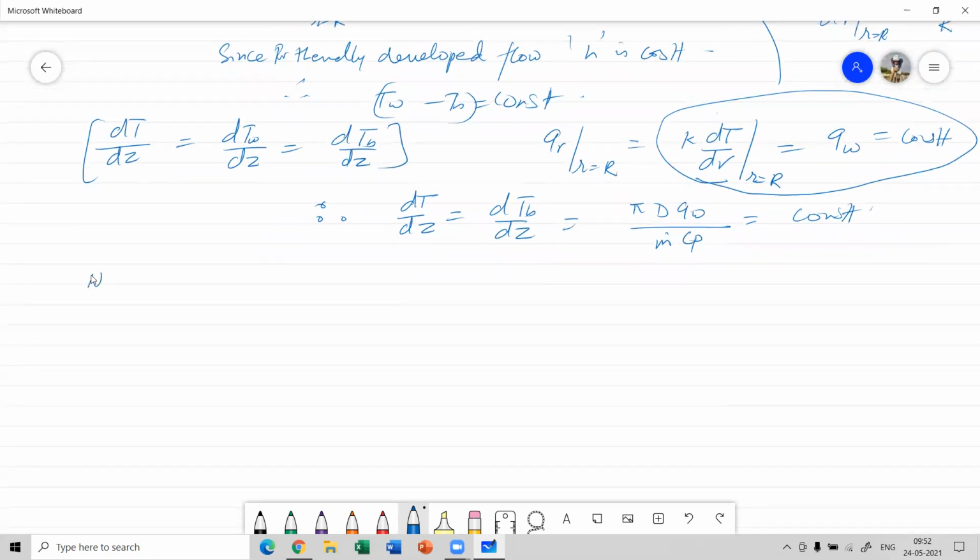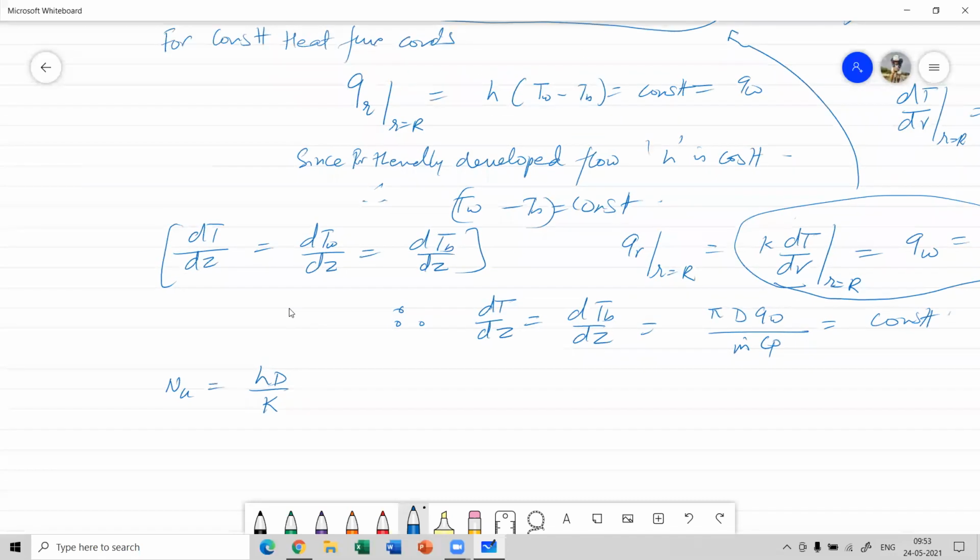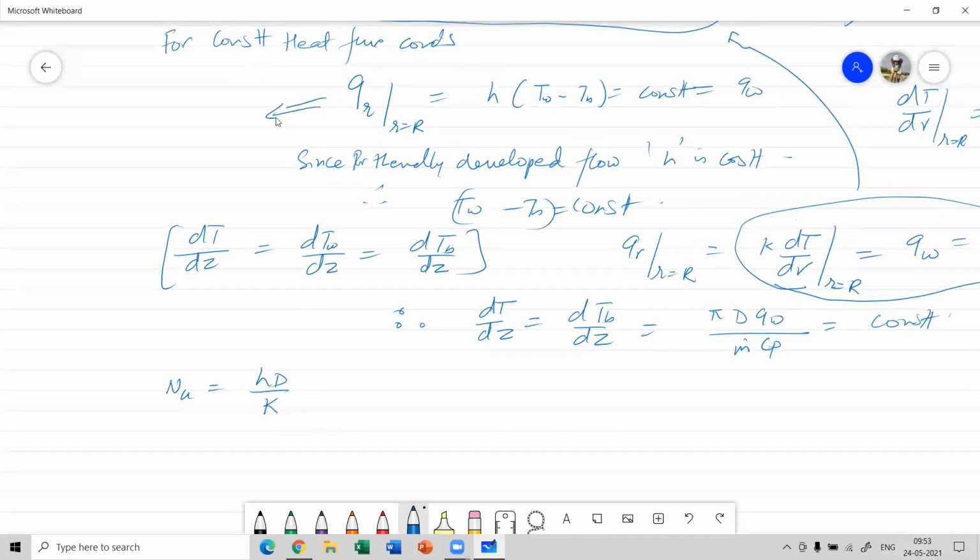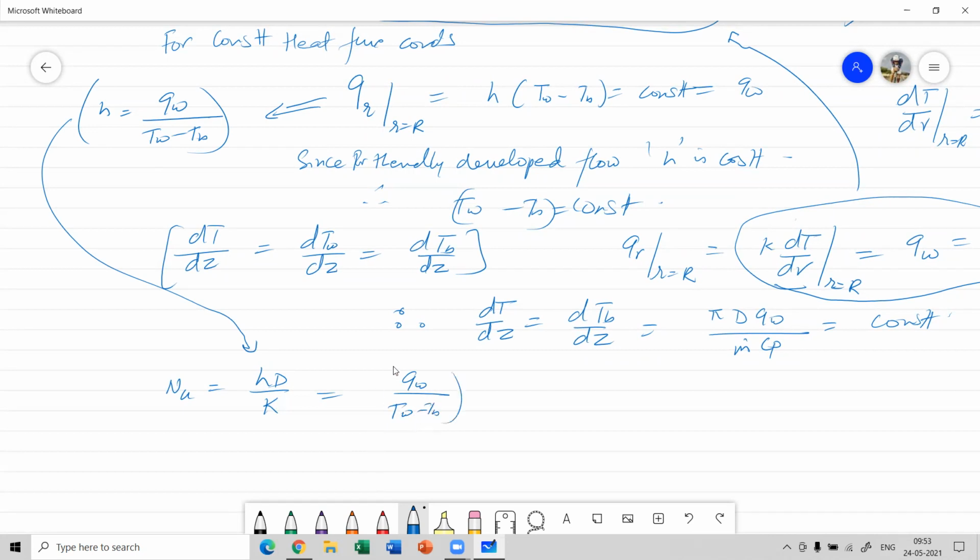Now, what is the expression of Nusselt number? Nusselt number is hd by k, and from here we can find out what h is. So h can be written as qw by Tw minus Tb. So we can substitute that expression of heat transfer coefficient over here, which will be qw by Tw minus Tb into d by k.